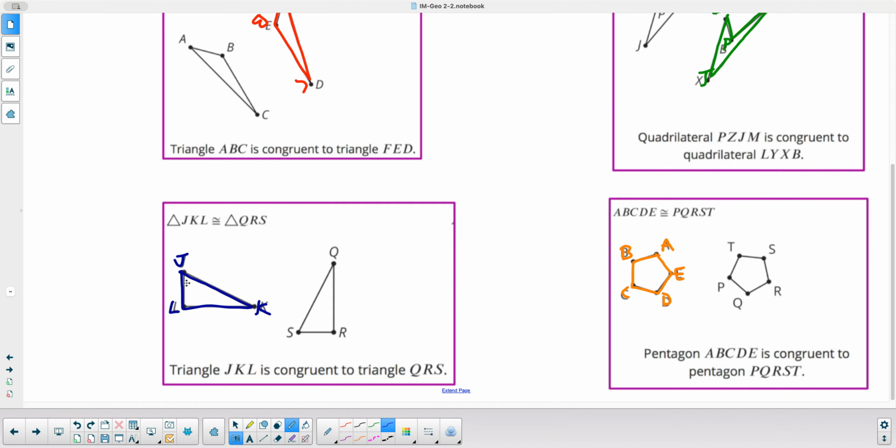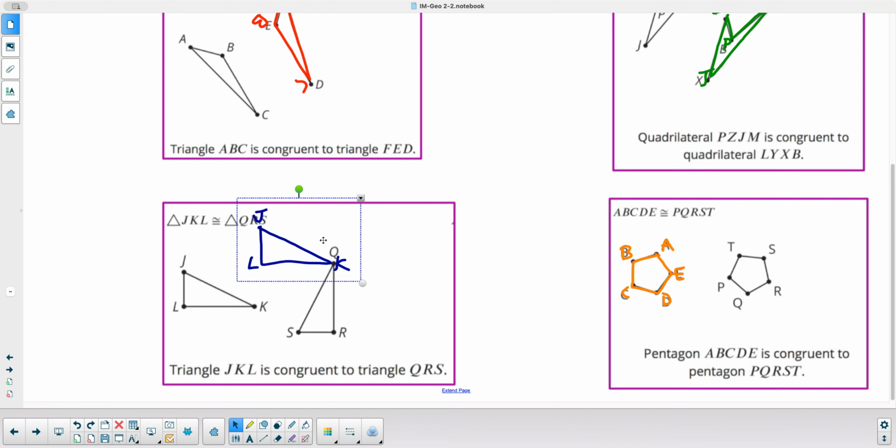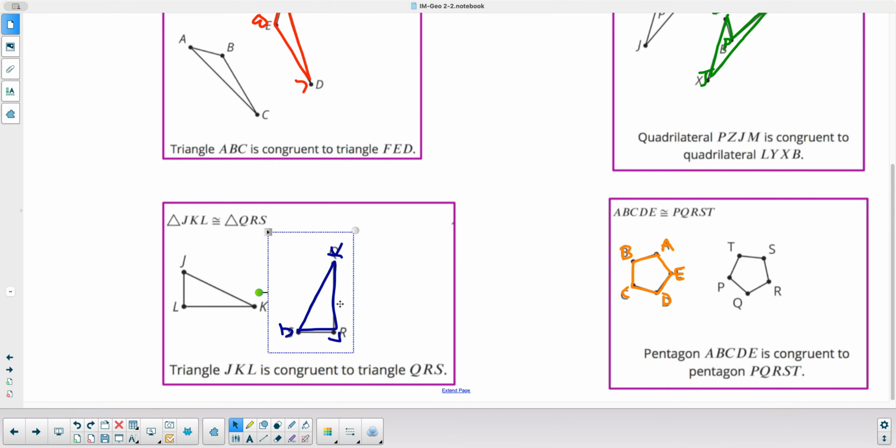Go down here. This one's going to need to maybe rotate and translate. So I'm going to translate along line KQ, and then rotate centered at Q counterclockwise. This won't let me rotate it centered at Q, but I can at least get it lined up. And there we go. So now you can see J is supposed to correspond to Q. And you can tell right here the J, and I know it's hard because it got turned, but the J was here.